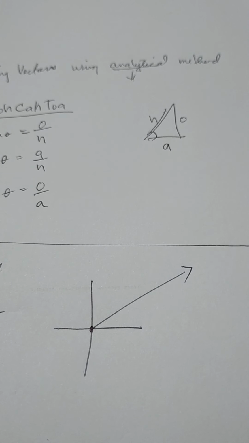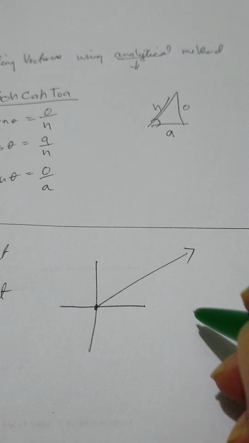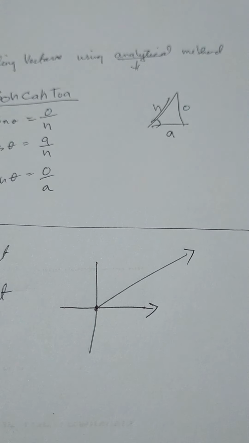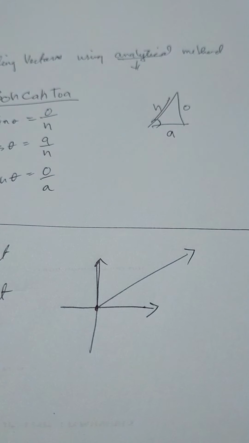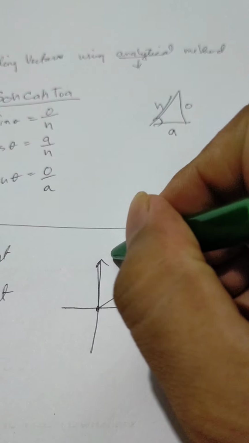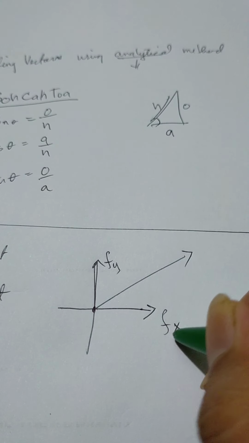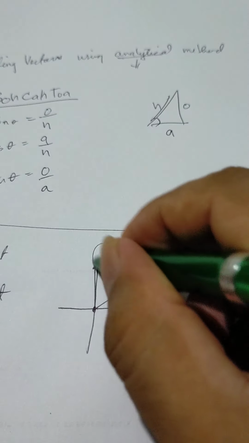If that rope acts at an angle, there is a force pulling horizontally, and there is also a force pulling vertically. These forces, Fx and Fy, along with F, are called the components.